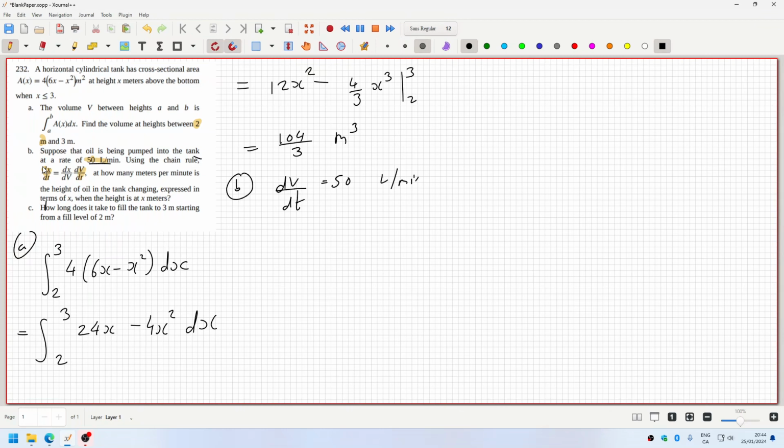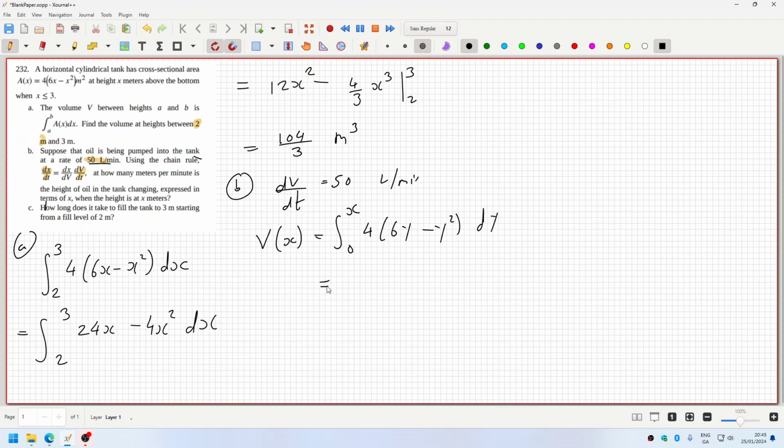So we need a V. Now, I'm not actually sure what way the picture is set up here, but if this is a cross-sectional area, I think I can say that the volume at x should be the integration from 0 to x, and I want to use a different letter so as not to confuse things, for 6y minus y squared dy.